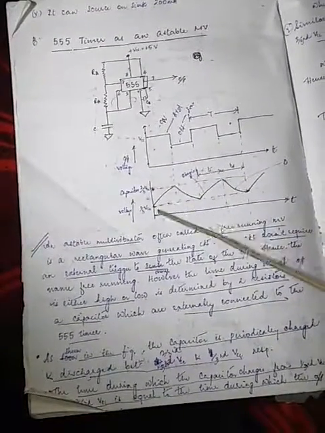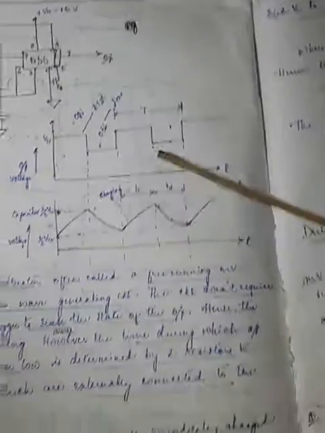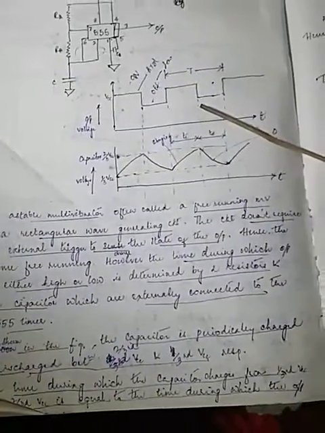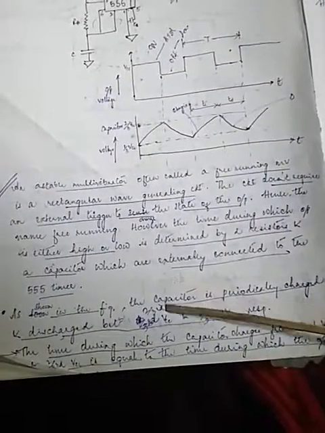Hence the capacitor is externally connected to the 555 timer. As shown in the figure, the capacitor is periodically charged and discharged between 2/3 VCC and 1/3 VCC respectively.